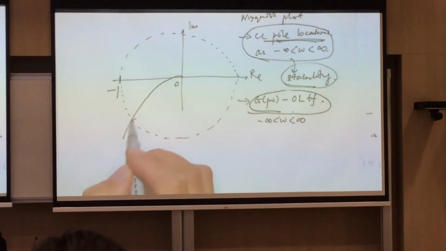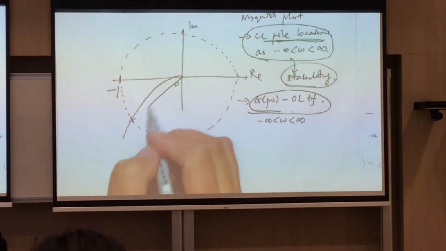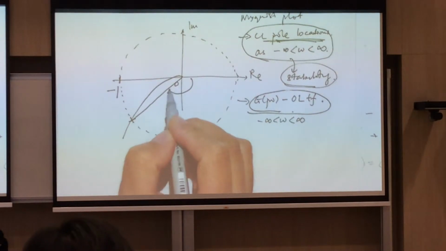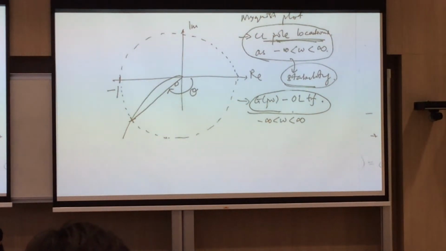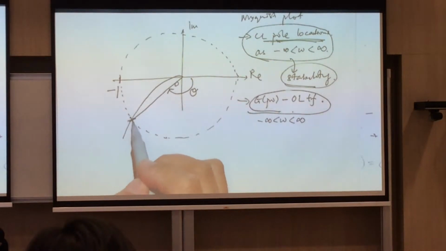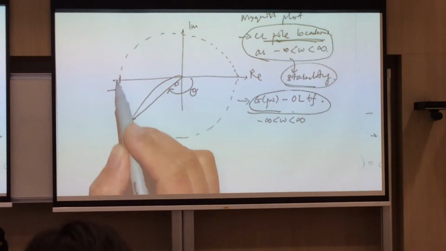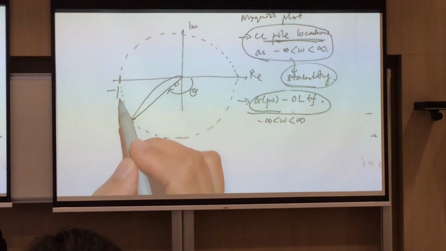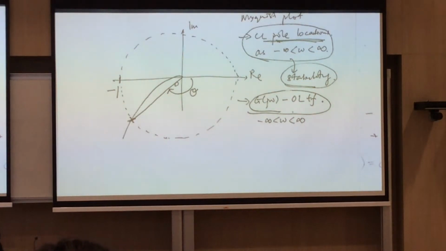Okay? You know that at this point, there's a certain phase, which is negative. Alright? And you know that you can shift this point closer or further away from -1 by adding more or less phase.